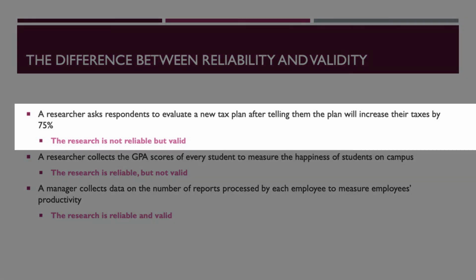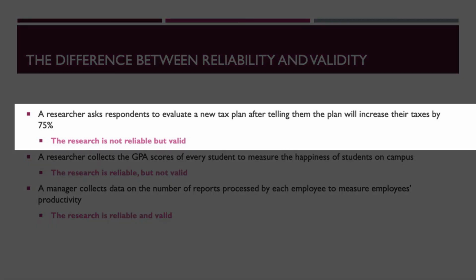First, a researcher asks respondents to evaluate a new tax plan after telling them the plan will increase their taxes by 75%. Well, we can imagine that telling people that the tax plan is going to significantly increase their taxes, that's going to produce a pretty unfavorable response.